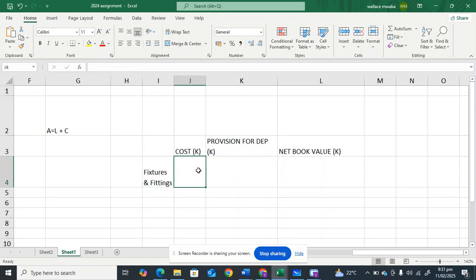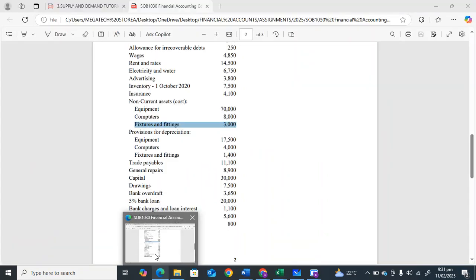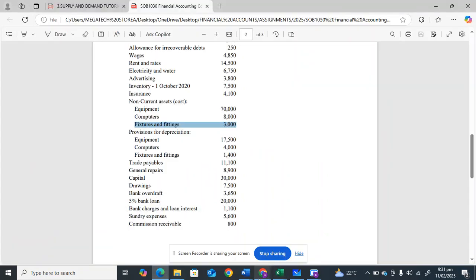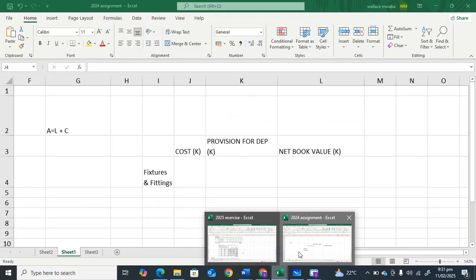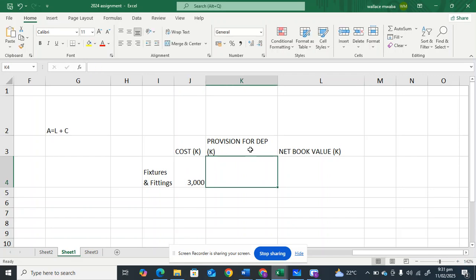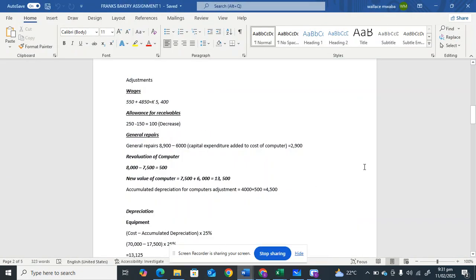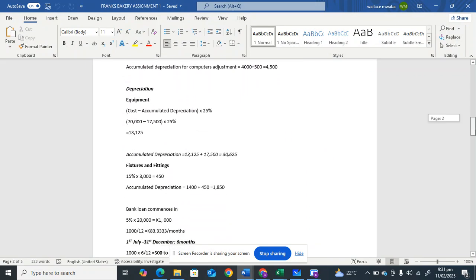All right. We put the cost, 3,000 there. After the cost, we put the provision for depreciation. So remember how we calculated that for fixtures and fittings.